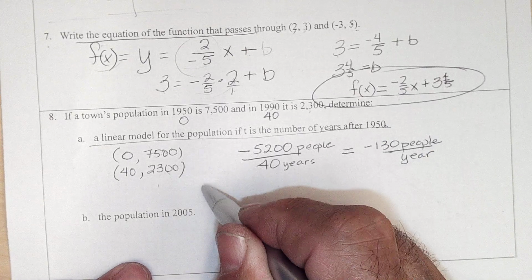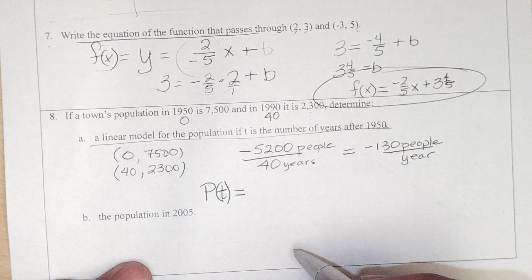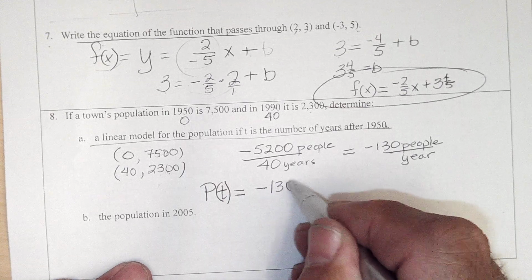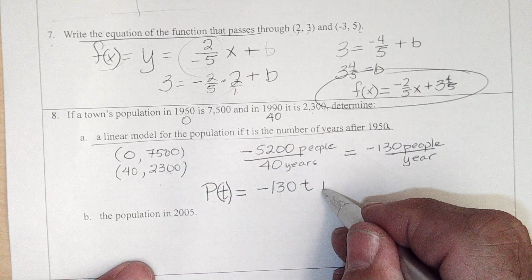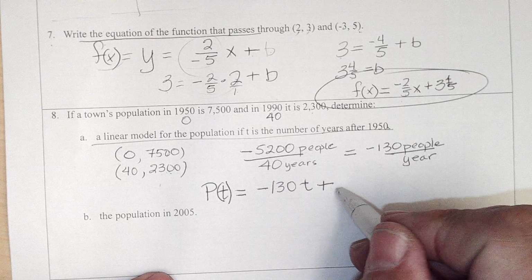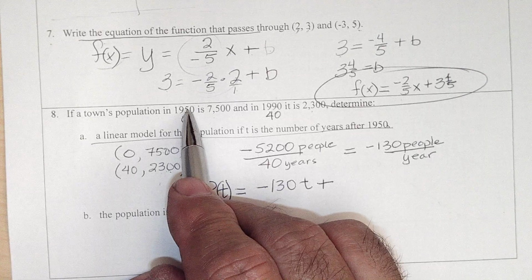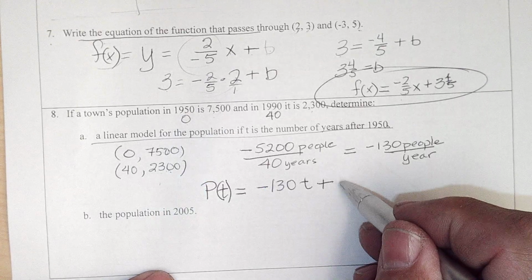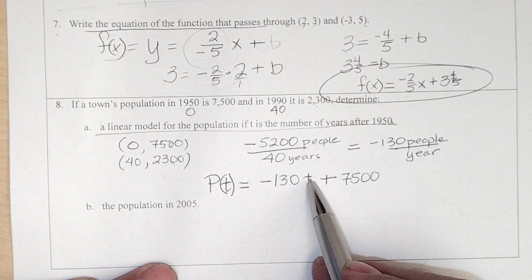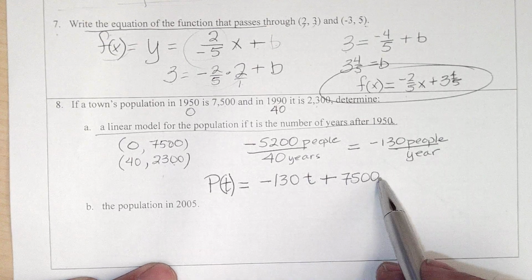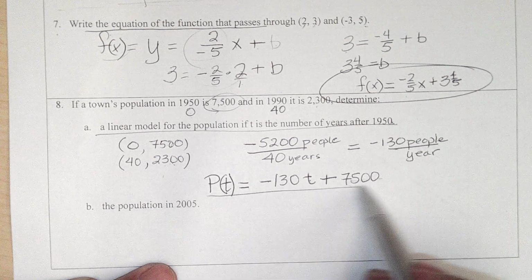So the model would be the population as a function of time, number of years, is minus 130 times the number of years after 1950 plus the y-intercept. Well, since I made 0 be 1950, and the population is 7,500, that would be 7,500. So that if I put 0 in for t, I get 0 times this plus that should give me 7,500. So this is the model.